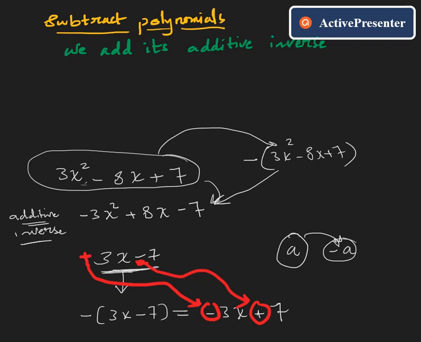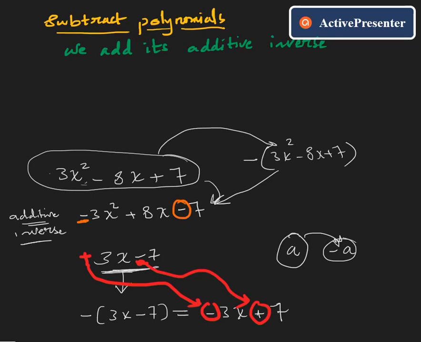You only change the sign. Here we have positive, it transformed to negative, here negative changed to positive, and here positive changed to negative. This is the additive inverse of polynomials.